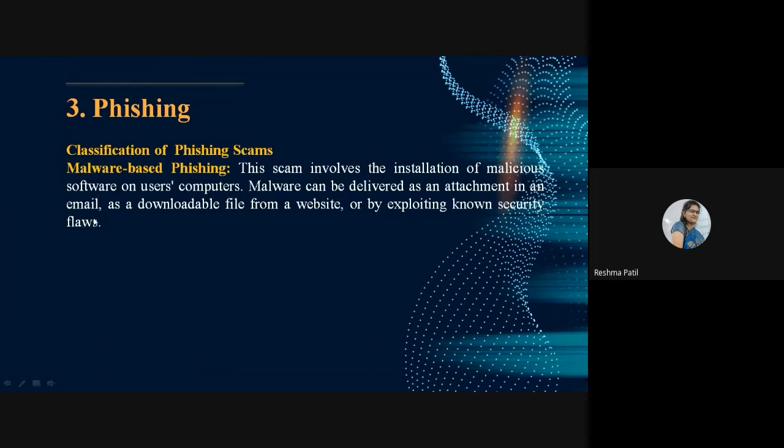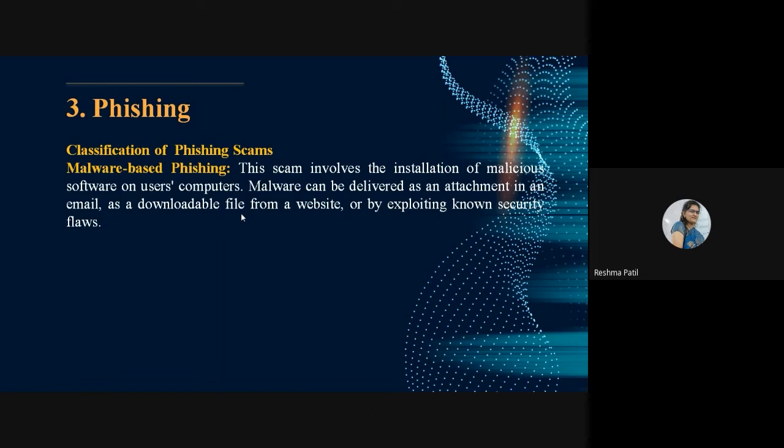So how can we get that malware? Using an email attachment, as a downloadable file from a website, or by exploiting known security flaws. There are more ways also, but I am mentioning three ways here. So these are the three ways malware can be delivered to the user.